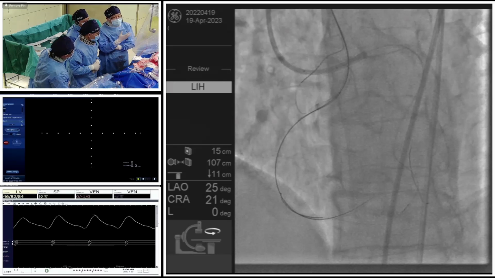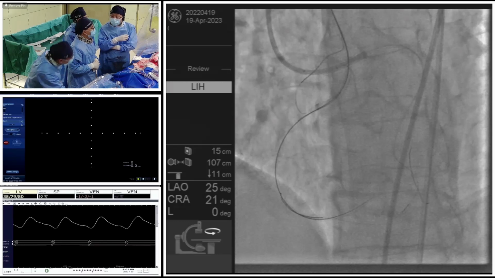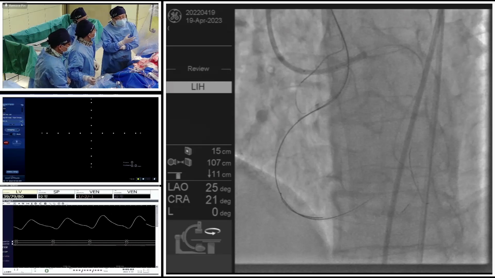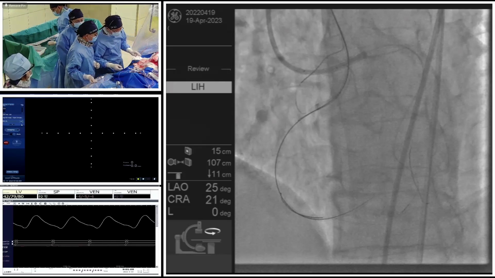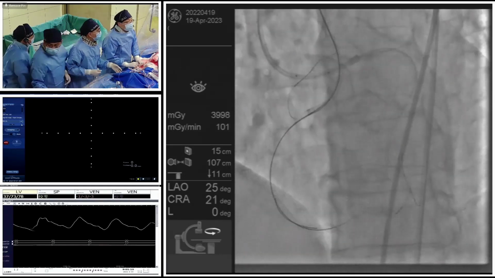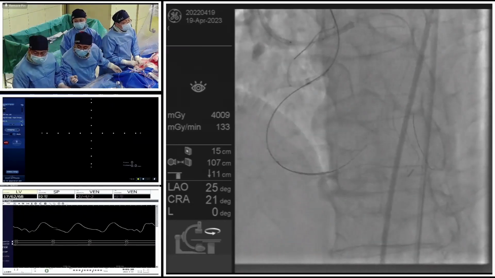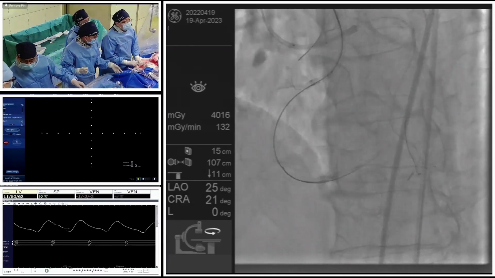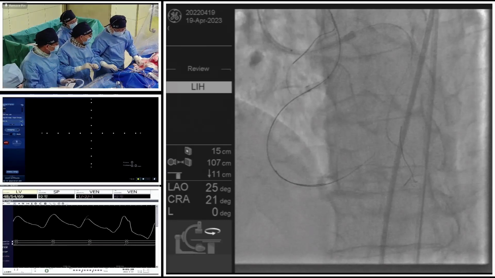In order to increase backup support, I may put a small balloon in the donor artery to increase balloon anchoring, and use a small balloon to dilate the CTO lesion first, then exchange a common microcatheter. 1.5, 2.0, yeah, 2.0 to exchange the Sasuke. Should we exchange the Sasuke? Yeah, okay.